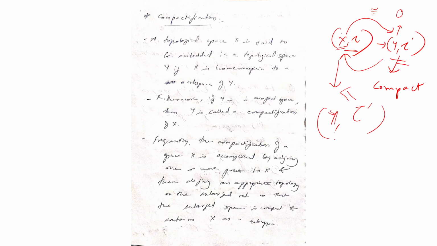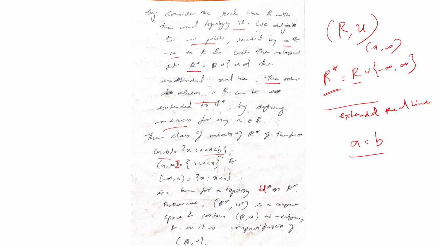So here the extended space is R star, and we are forming the topology U star on R star. This class of subsets of R star can form a base for the topology U star on R star. You can use this for forming the basis.